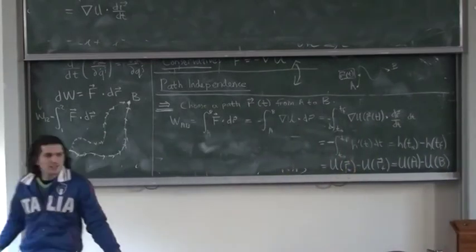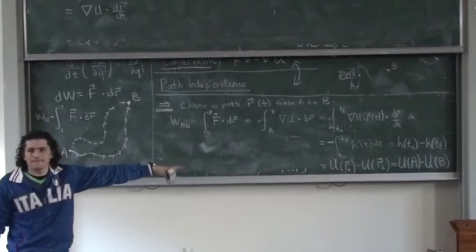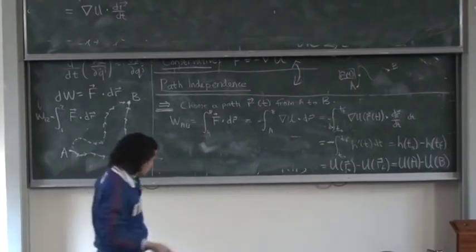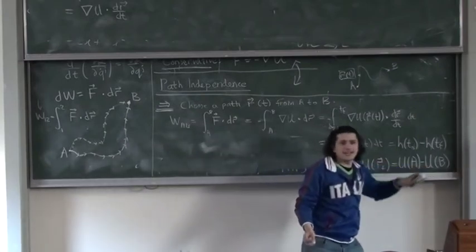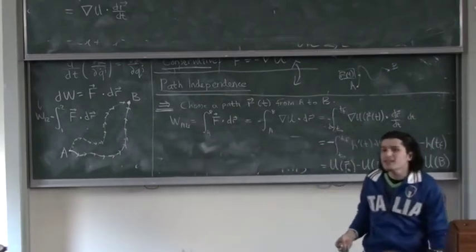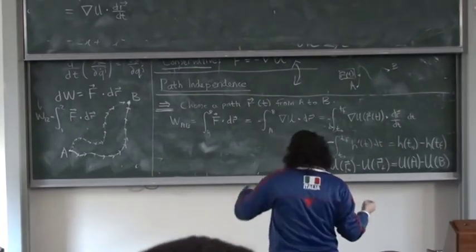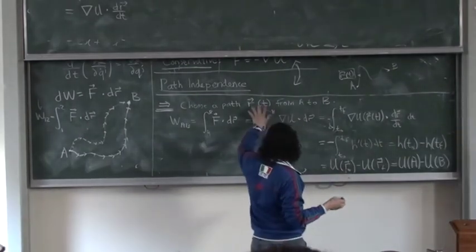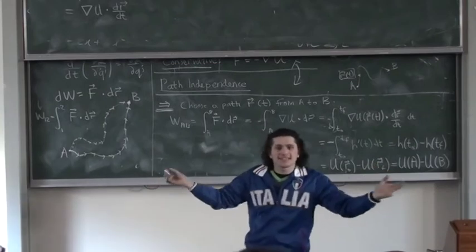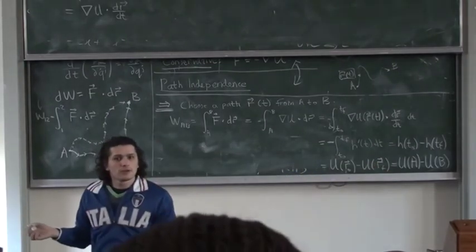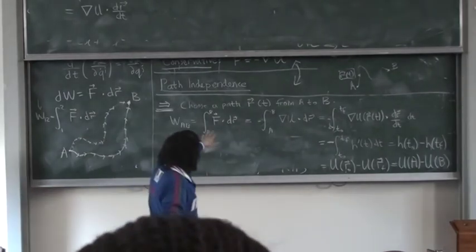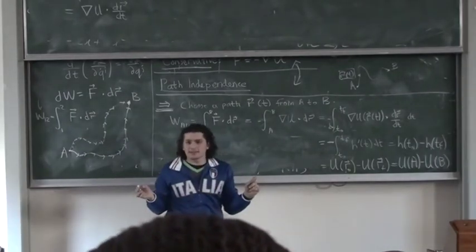Okay, do you see the path anywhere there? No expression for path. So the work done is u at the one endpoint minus u at the other endpoint. And every little description of the path, whatever r of t was to get from one to the other, has vanished. So what have we shown? We've shown that this force is in fact path independent.